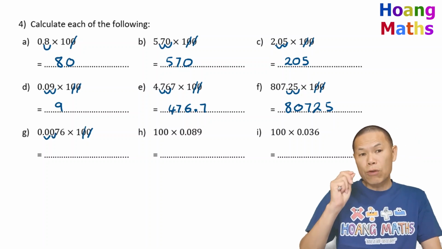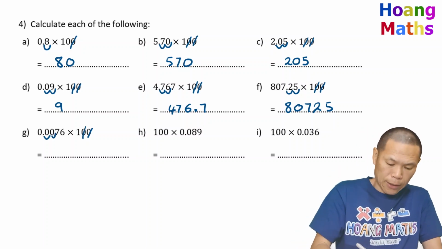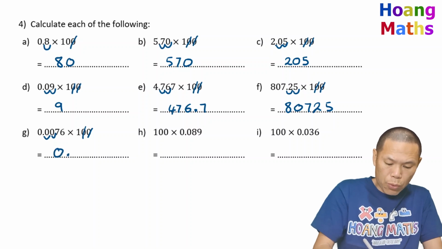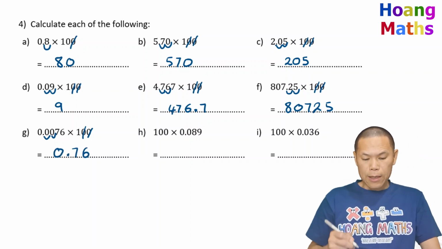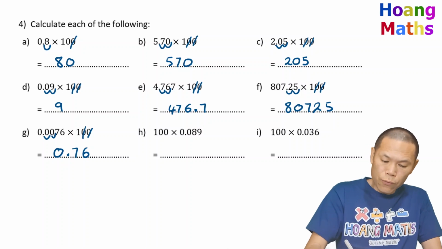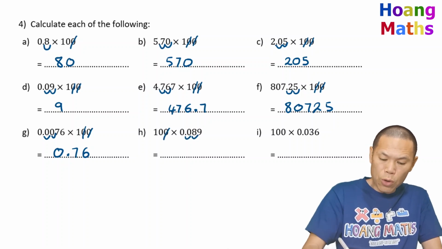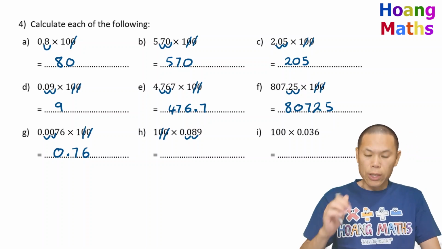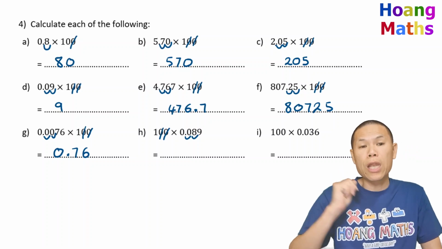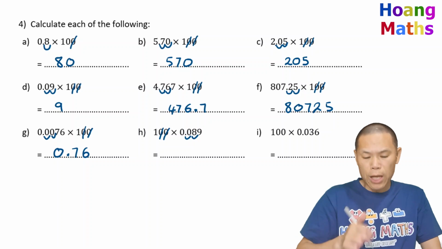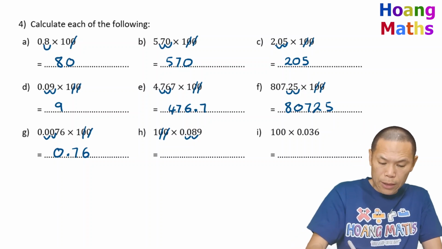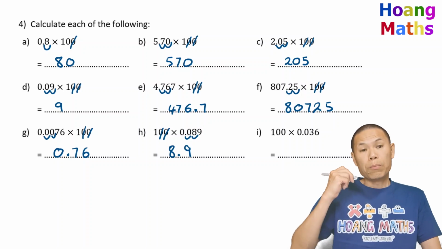So now it's 0.76. And H. So we just move this decimal point once, cancel this, we move 1 more time, we cancel that. So the answer is 8.9 times 1. So 8.9 times 1 is 8.9. There you go.